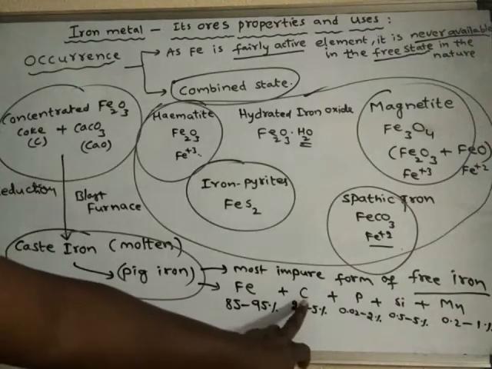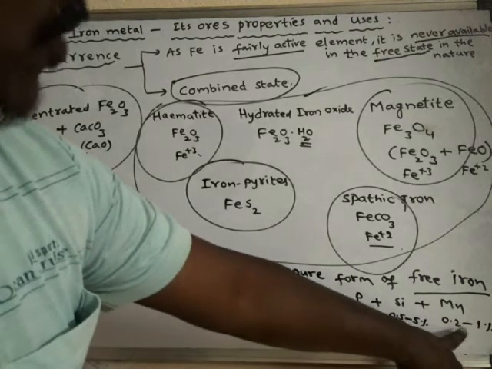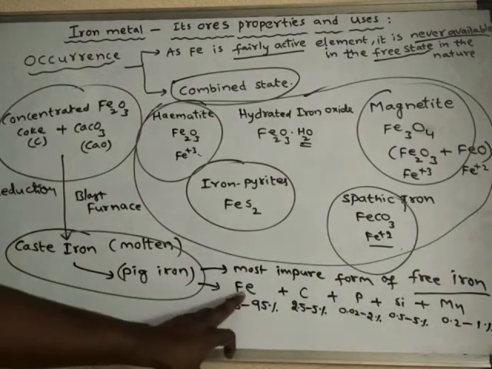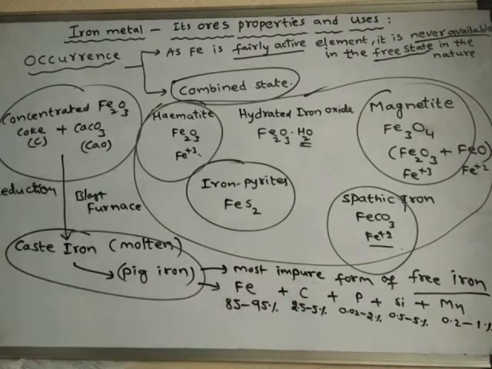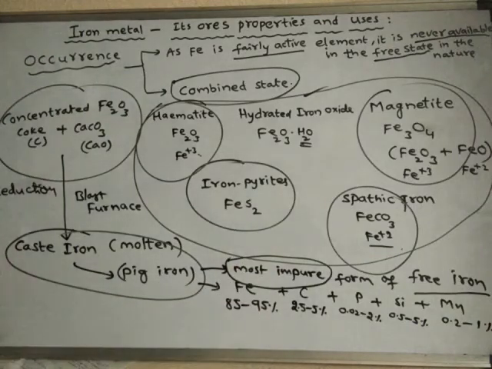Generally the percentage of carbon will be in the range of 2.5 to 5%, and manganese 0.2 to 1%. Hence this iron is not a pure form of iron, and it is the most impure form of iron.